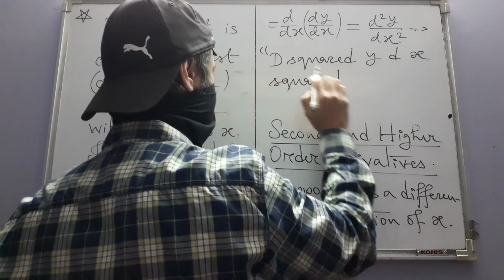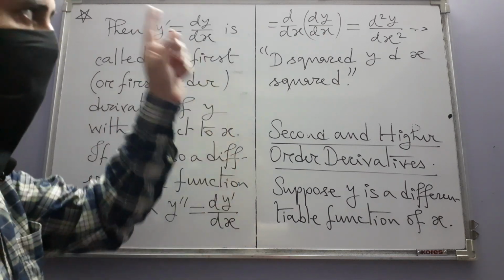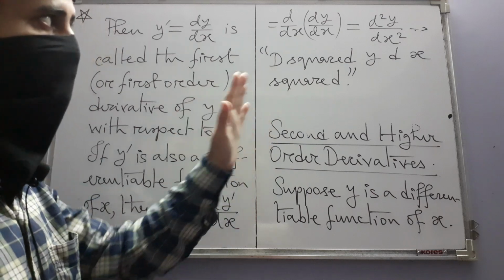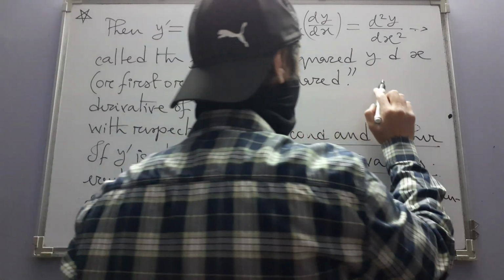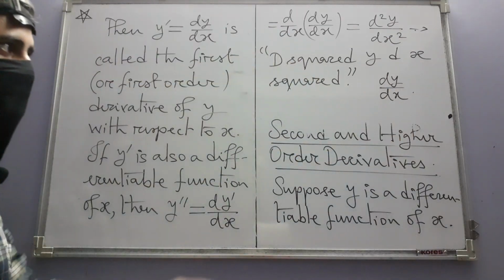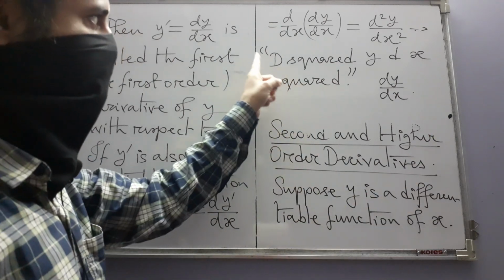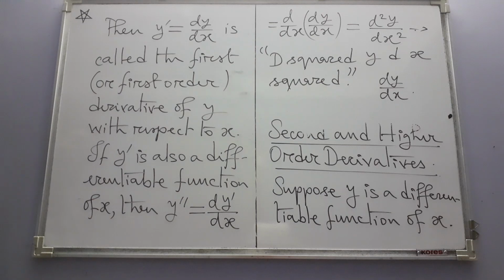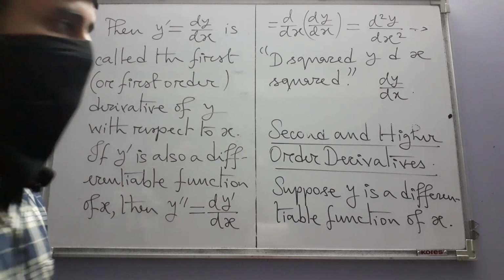If you really want to read this properly, that's how you have to say it. D squared y dx squared, not d squared y divided by dx squared. We have already talked about this, that this is not division. This also we read as dy dx, like that, d squared y dx squared. And this is called the second derivative.